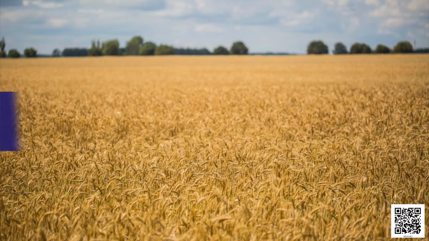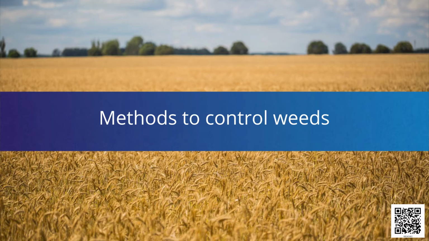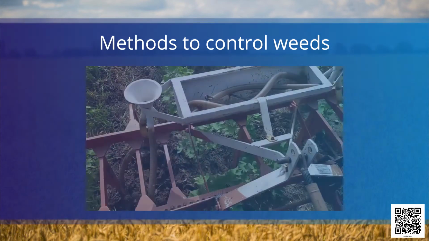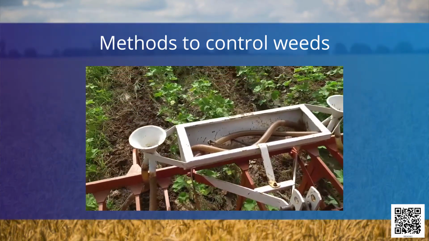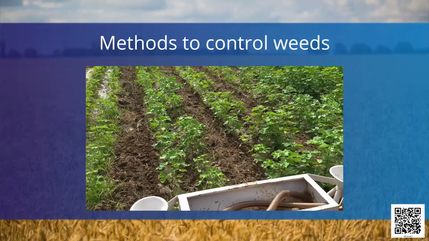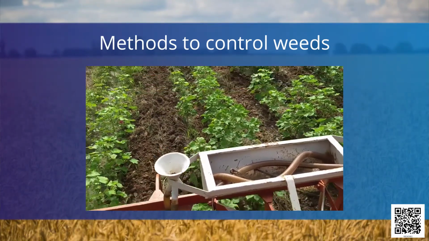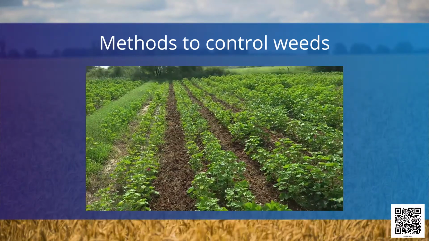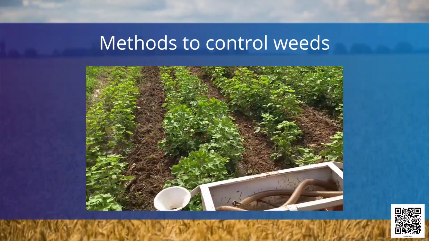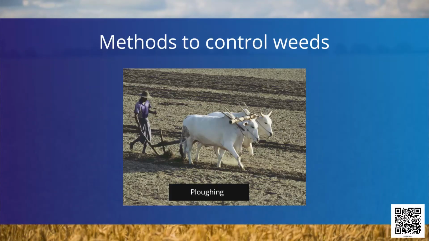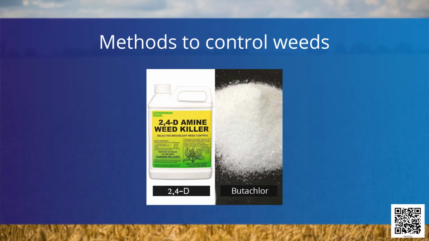Methods to control weeds: manual removal, using seed drills to uproot weeds, by plowing, using chemicals known as weedicides, for example 2,4-D and butachlor.